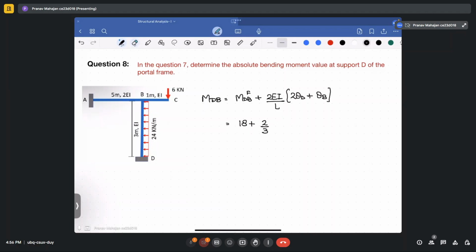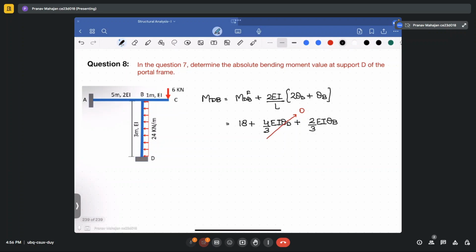Sorry, we will write directly as 4 upon 3 EI theta D plus 2 upon 3 EI theta B. We already know that theta D is equal to 0, so that term becomes 0.